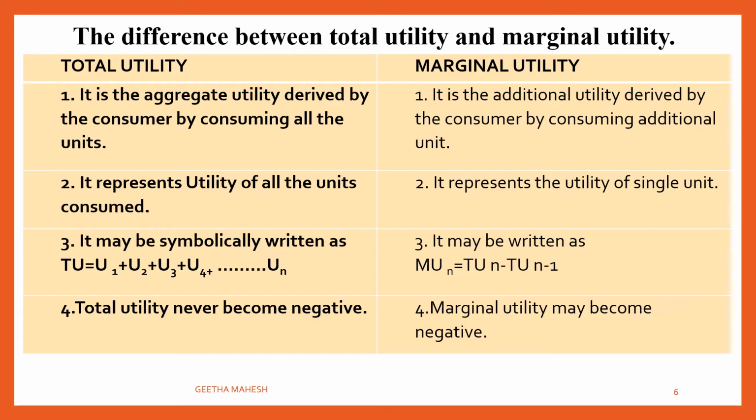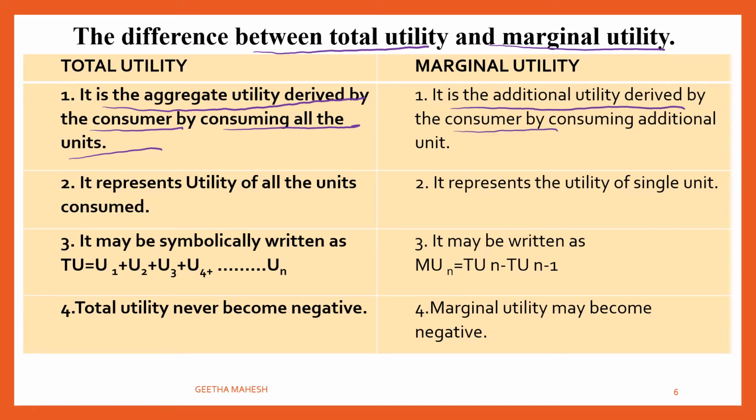Now let us discuss the difference between total utility and marginal utility. Total utility is the aggregate utility derived by a consumer by consuming all the units. Marginal utility refers to the additional utility derived by a consumer by consuming an additional unit. Total utility deals with all the units, that is, the utility derived from all the units.